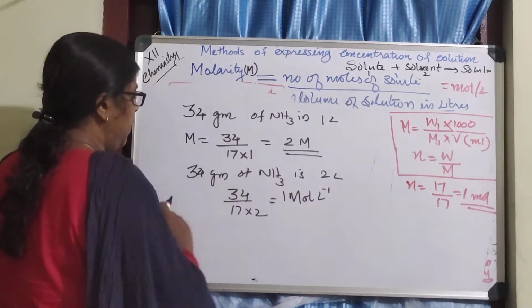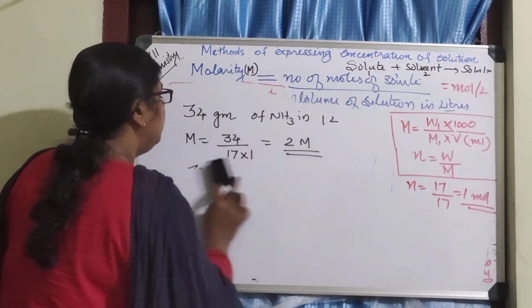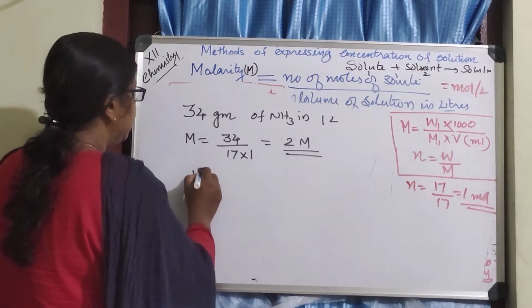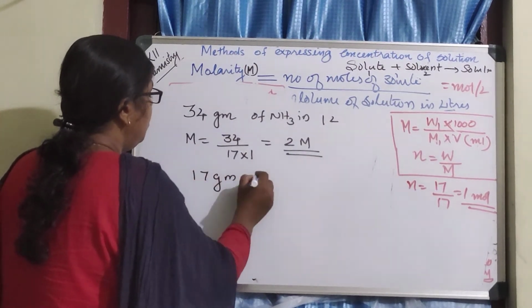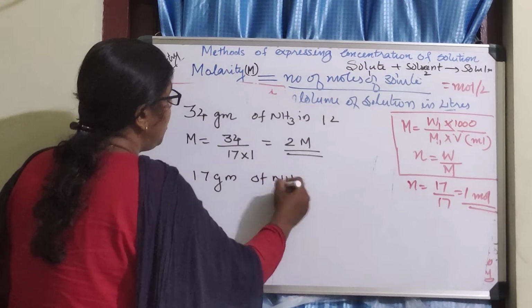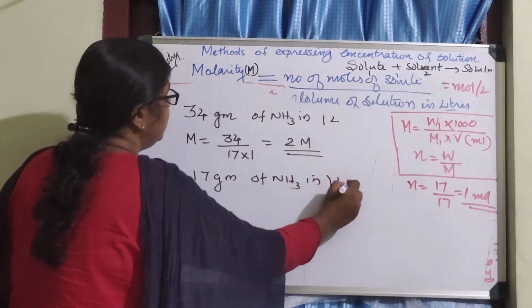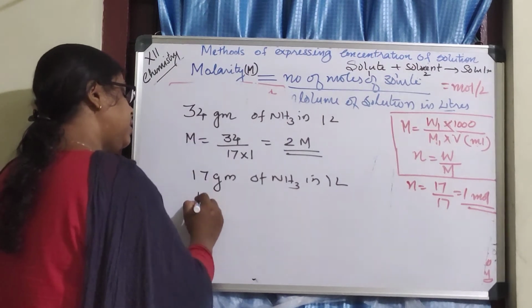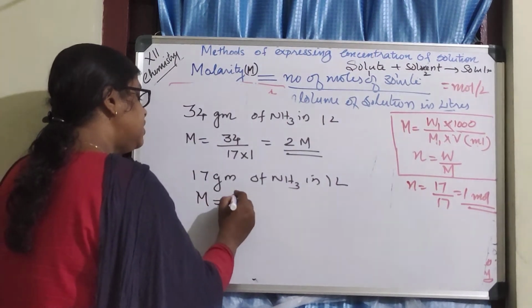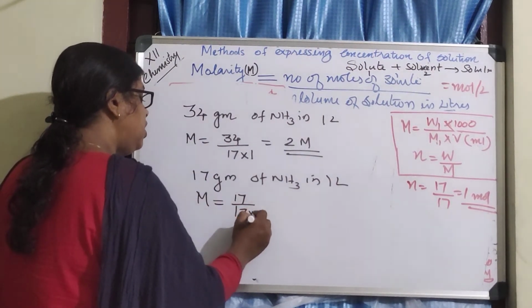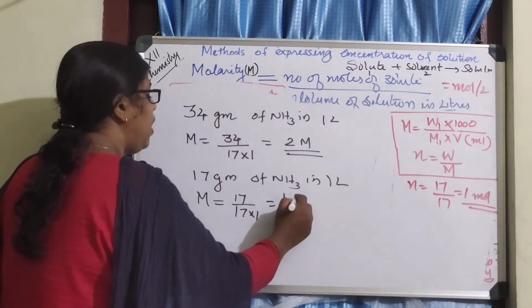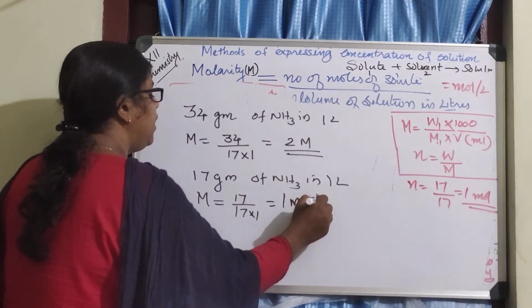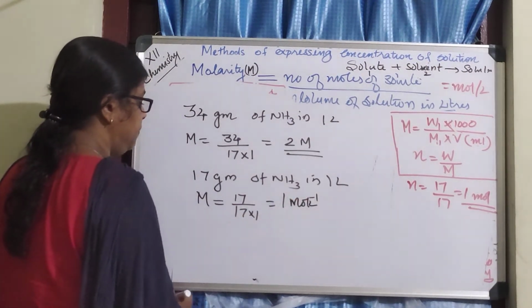Suppose we are keeping the volume constant. Solute ന്റെ മാത്രം അളവ് നമ്മൾ മാറ്റുവാണ്. If 17 gram of ammonia is dissolved in 1 liter, what is the molarity of the solution? That is 17 by 17 into 1. That is 1 molar solution or 1 mole per liter will be the concentration.